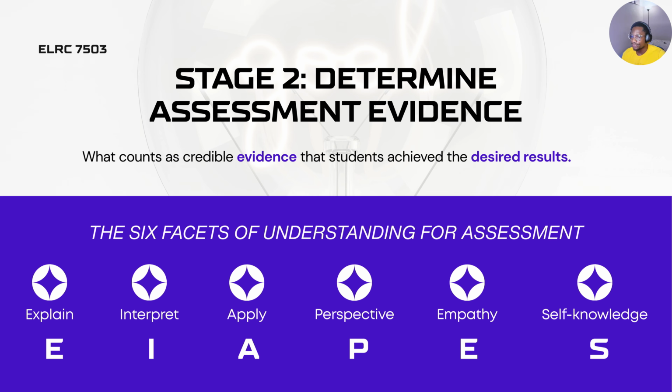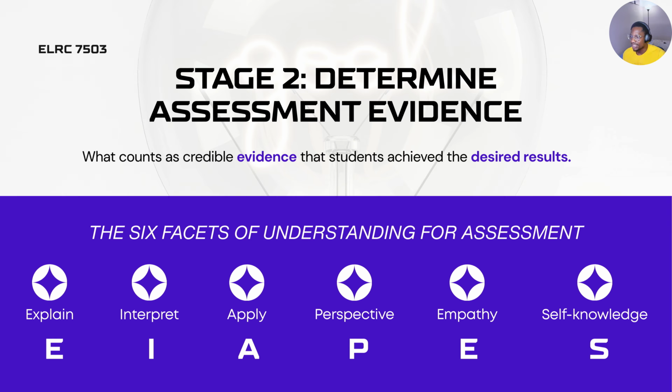Stage 2 is determine assessment evidence. This is where we ask ourselves what counts as credible evidence that students have achieved the desired result from stage 1. Here, the teacher's role is just like an assessor.